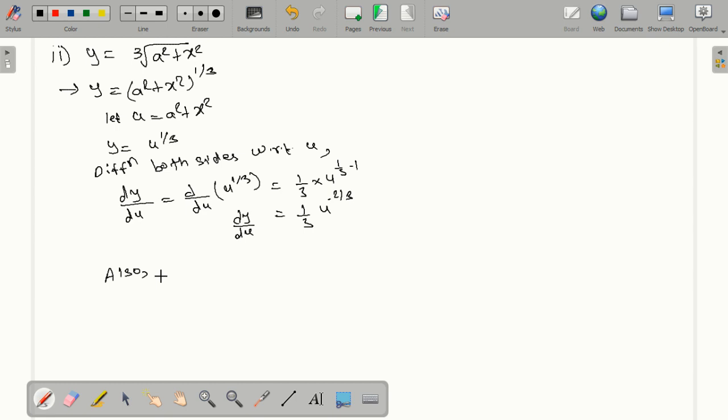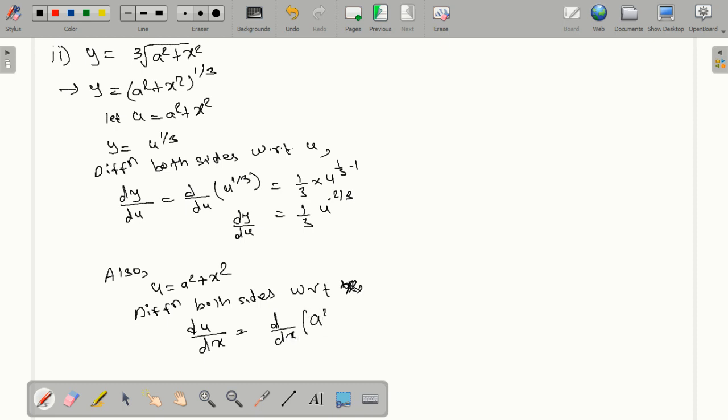Also we have u is equals to a square plus x square. So differentiating both sides with respect to x, we get du by dx is equals to d by dx of a square plus x square.